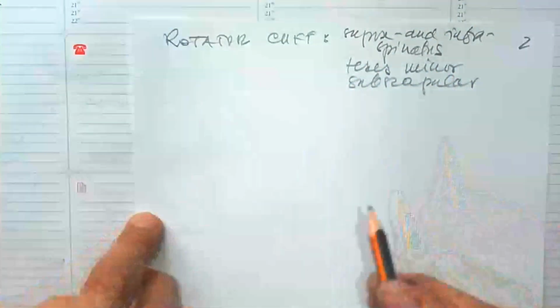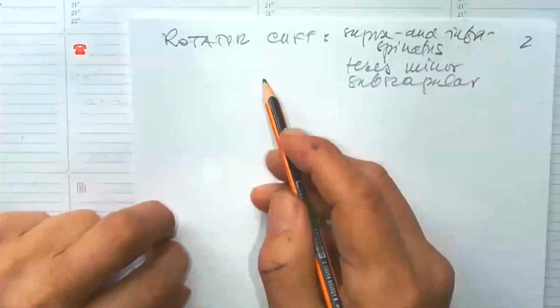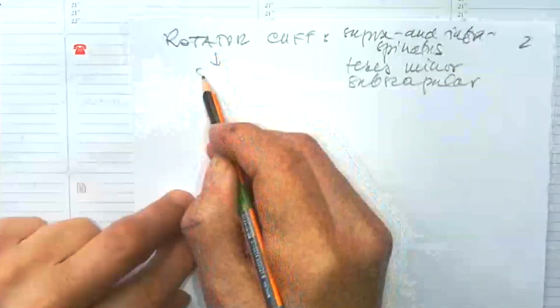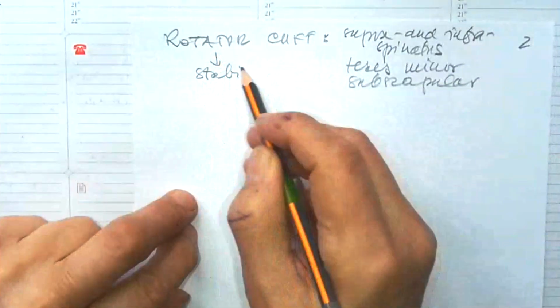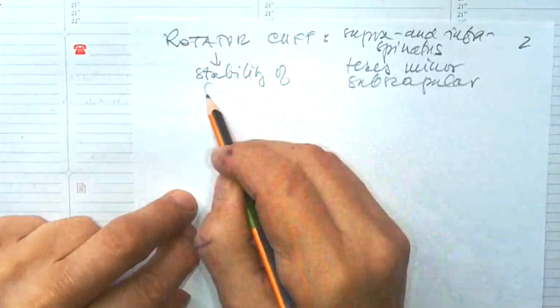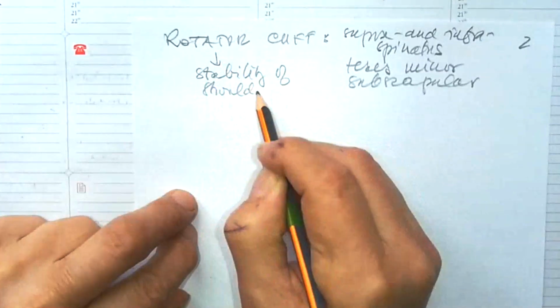There are four muscles, and these muscles are important not only for movements but also for stability of the shoulder. This is very important.